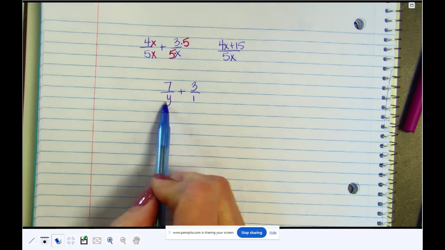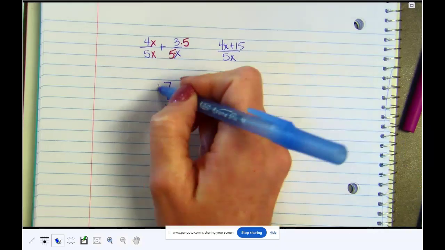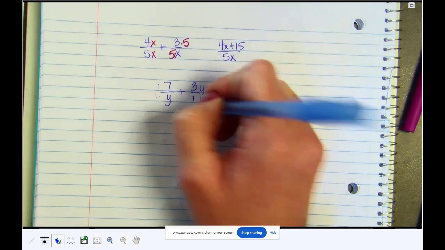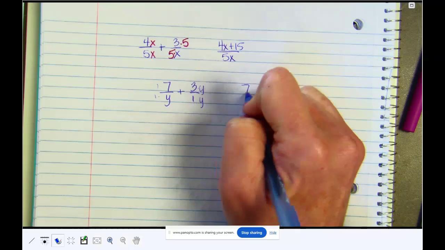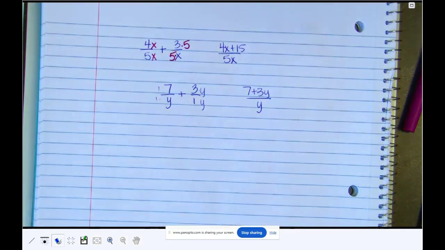Y. This already has y, so I don't need to change this one. If you want to, it's 1y, and you can say I'm multiplying by 1, but that's pointless math. This is y. So the final answer is 7 plus 3y over y. Okay, that's common denominators, which I know it's been a long time since we've done.